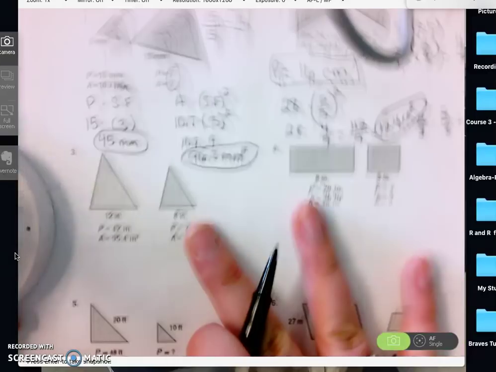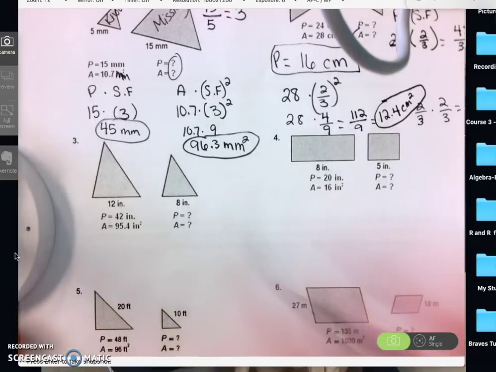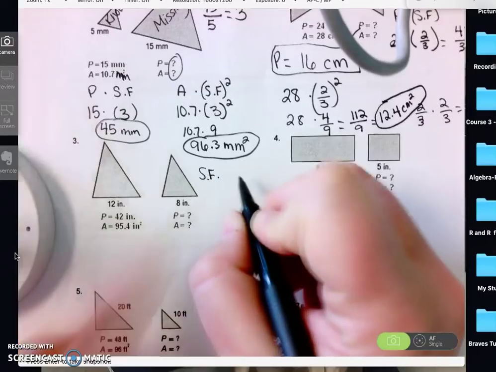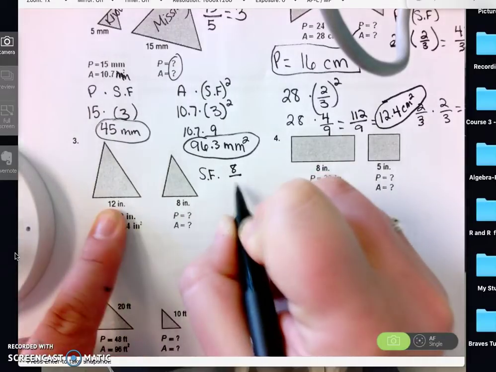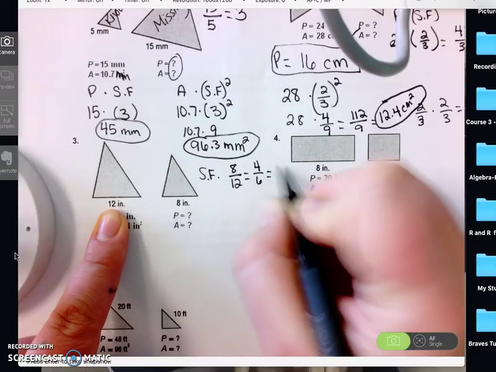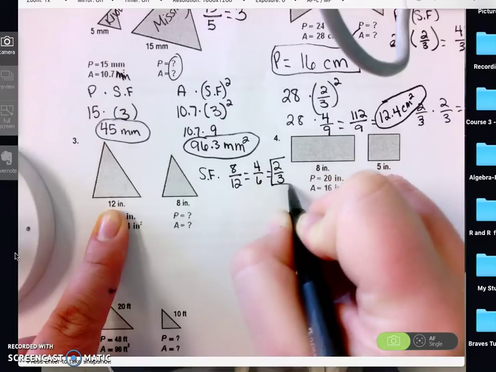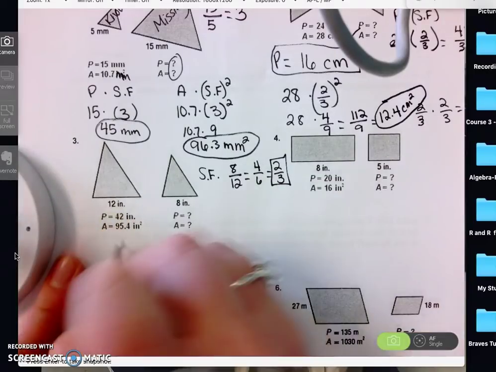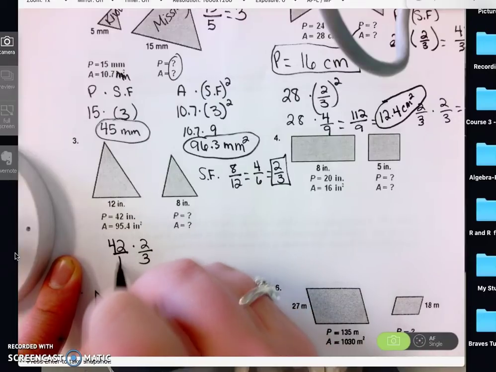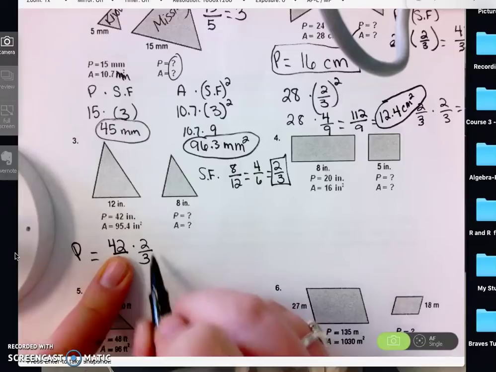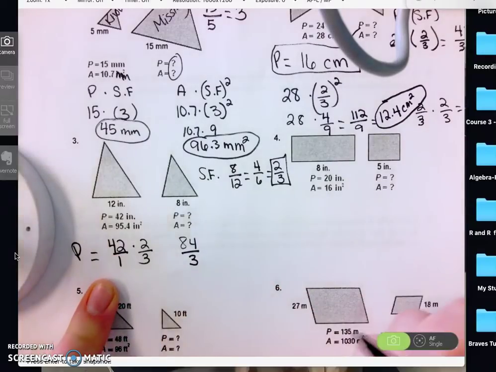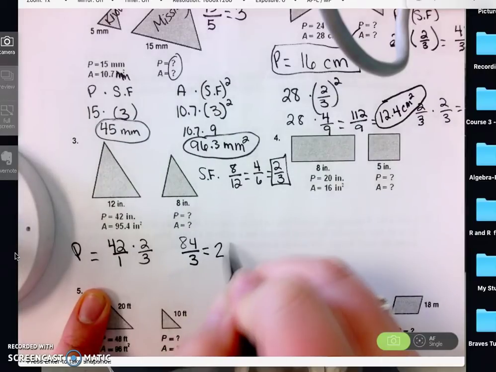Okay, so I'm going to go through scale factor. Missing is my 8 over 12, reduces down to 4 over 6, 2 over 3. So then 42 times 2/3 to find the perimeter. So this would be 84 divided by 3, which is equal to 28.